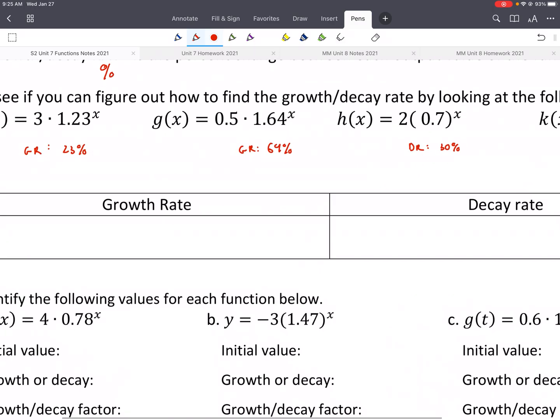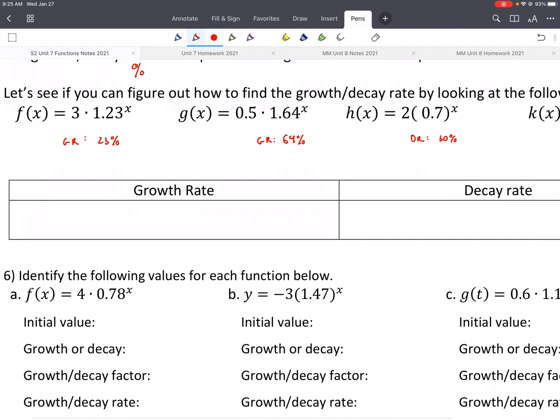So the easiest way for me to think about that, if you're trying to find the growth or decay rate, is the difference from 1, and then we'll write it as a percentage.